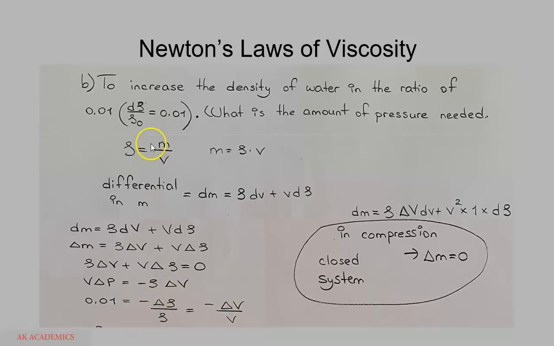Okay, and we do know that our delta density divided by density has been given as 0.01, so we can then say that minus delta V over V is equal to 0.01. Don't forget, we are looking for the amount of pressure needed.